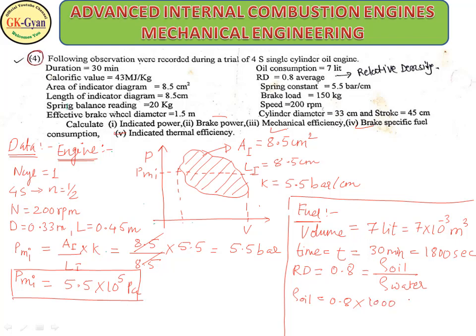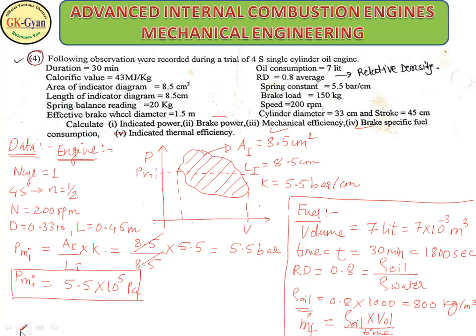So it will give 800 kg per meter cube as density of oil. With the help of density of oil, we can calculate m dot f. So what is m dot f? Mass flow rate of fuel. The formula is density of oil into volume divided by time.